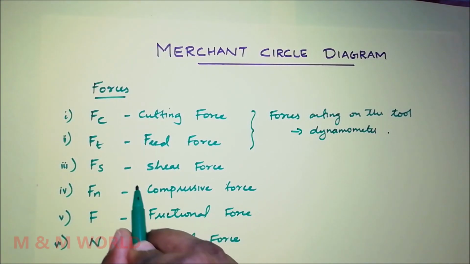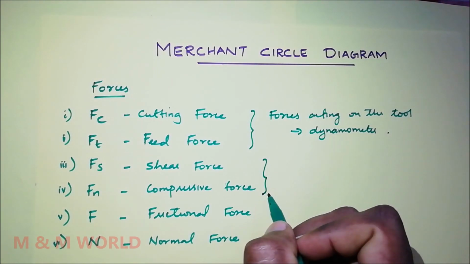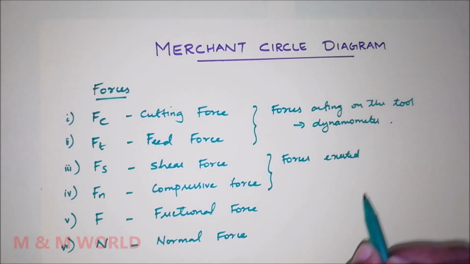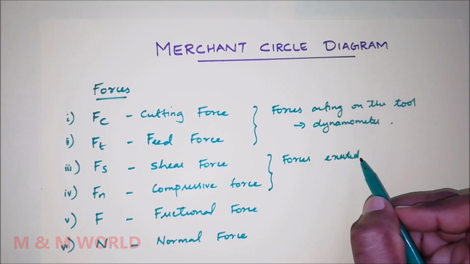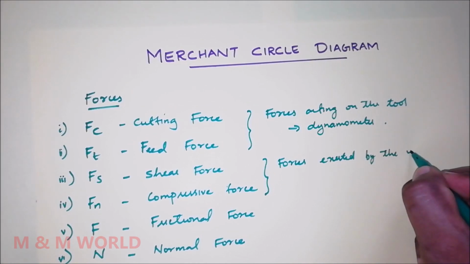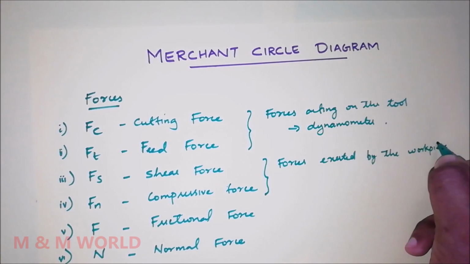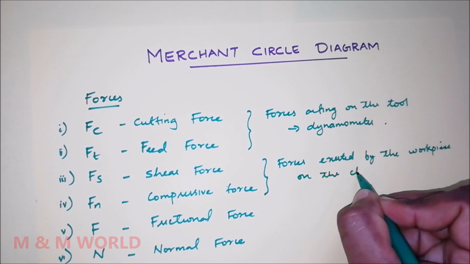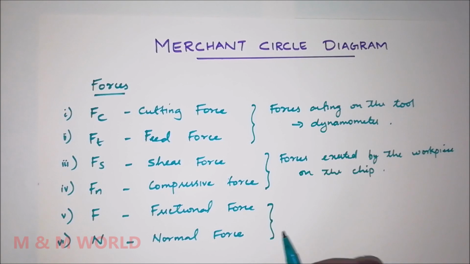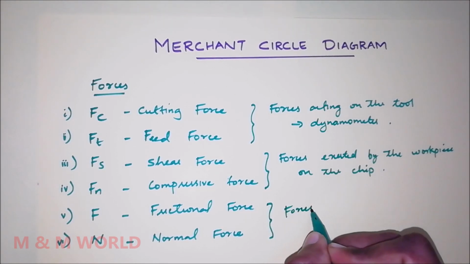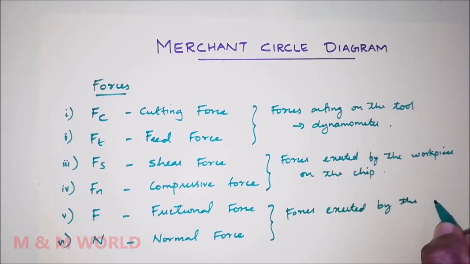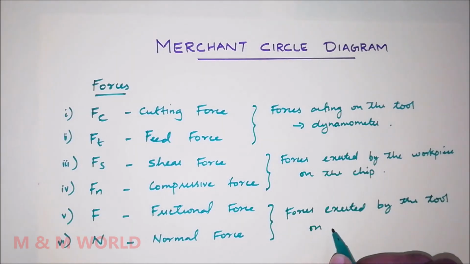Then Fs and Fn are the forces exerted by the workpiece on the chip. And F and N are the forces exerted by the tool on the chip.